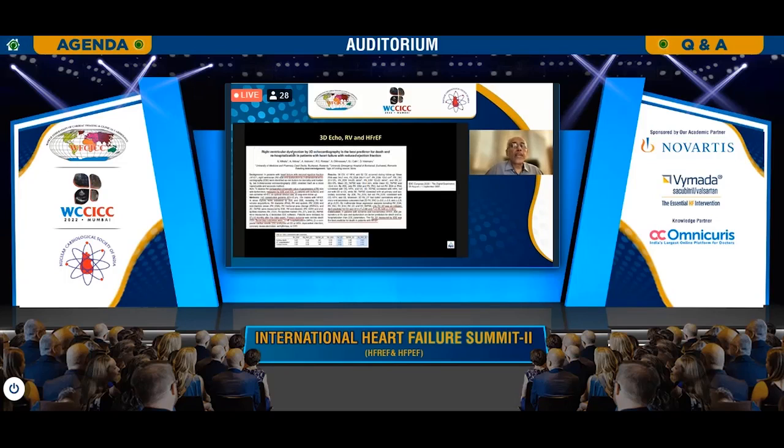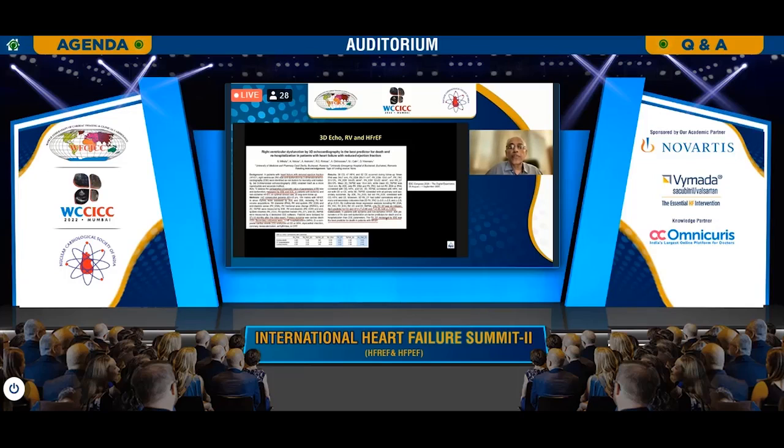Other area is the RVEF itself. So how well can it be used? This is a recent abstract presented at the 2020 ESC, looking at the role of RV 3D as a predictor. This was on 140 plus patients, and the follow-up was somewhere around 37 plus minus 16 months, and they looked at primary outcomes and secondary outcomes, and they found that the RVEF was an independent predictor for death and hospitalization.